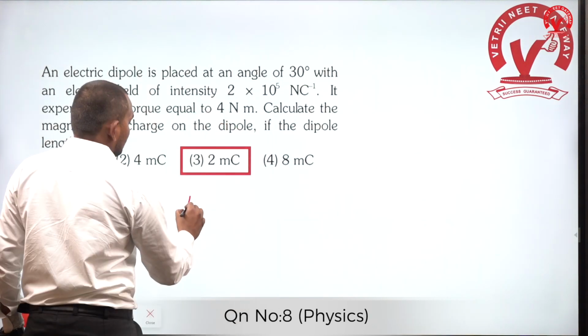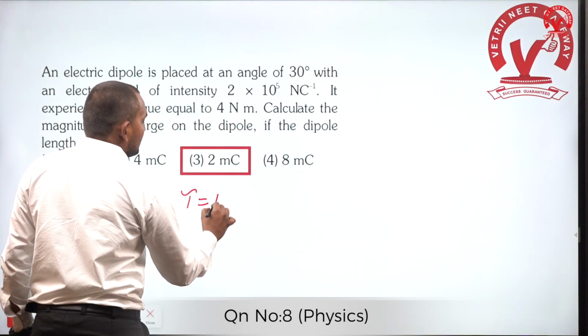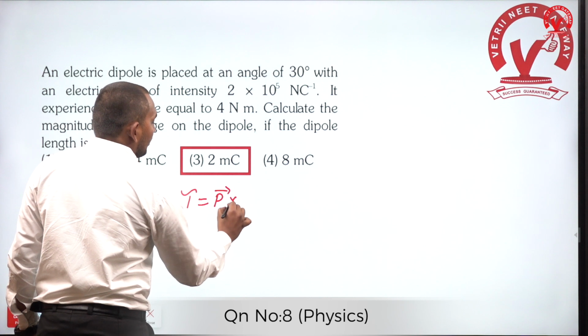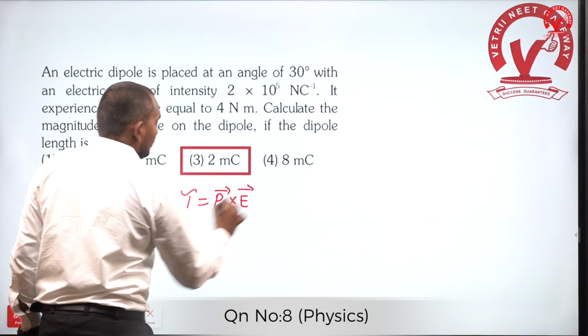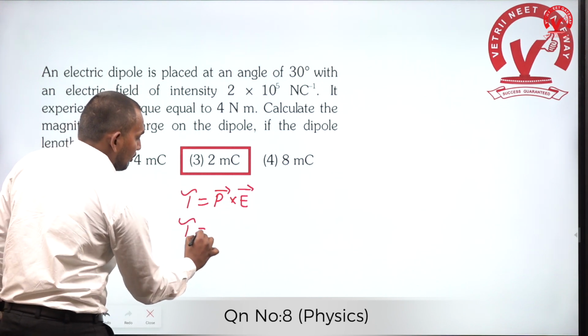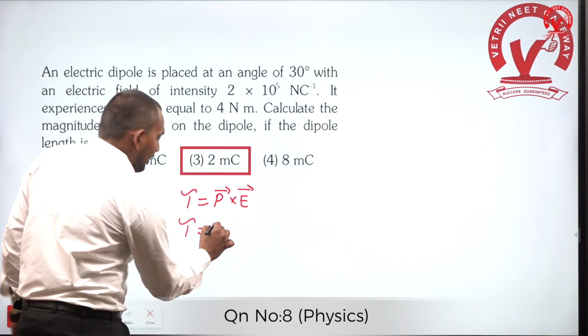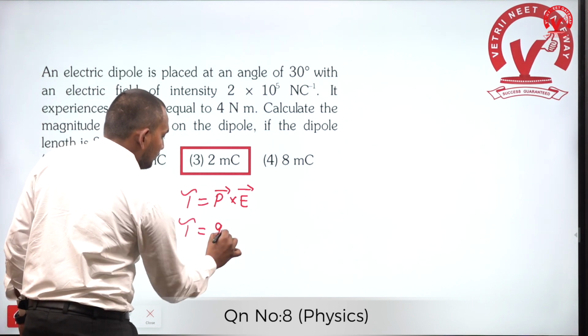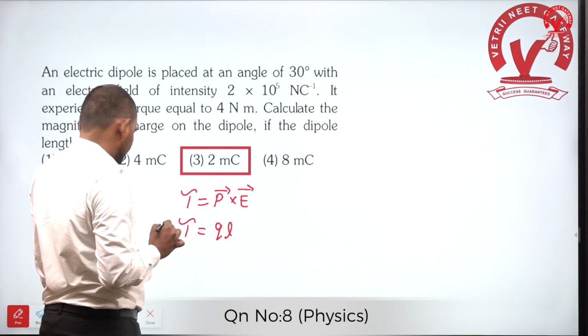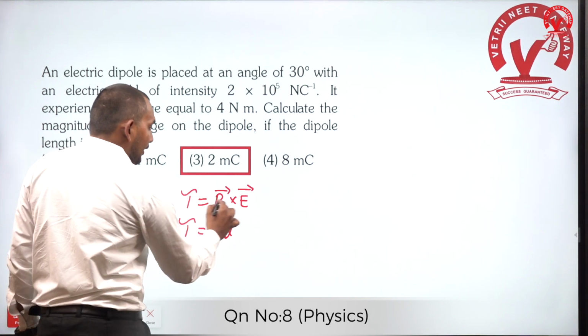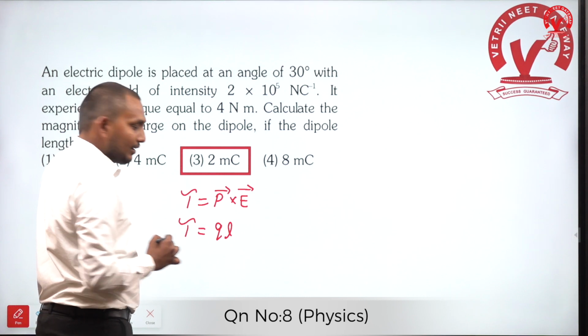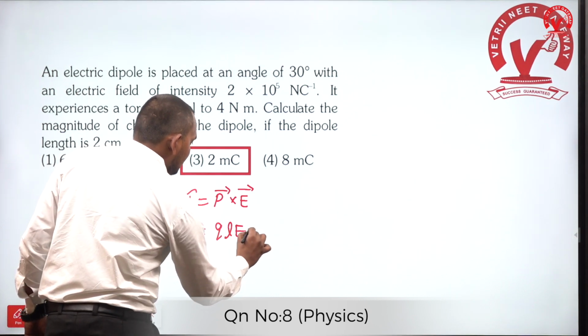Here we know torque tau is equal to P bar cross E bar. Tau is equal to P bar, we can write Q into L, and when we remove the cross, sin theta will come.